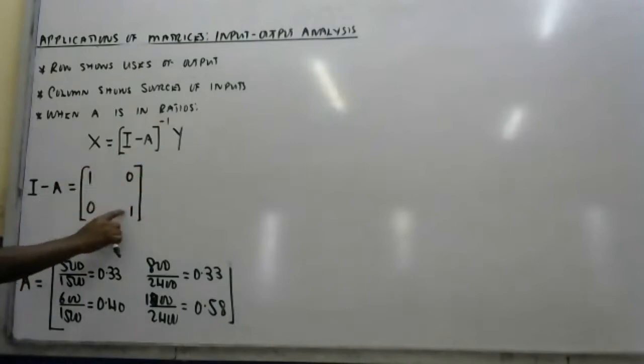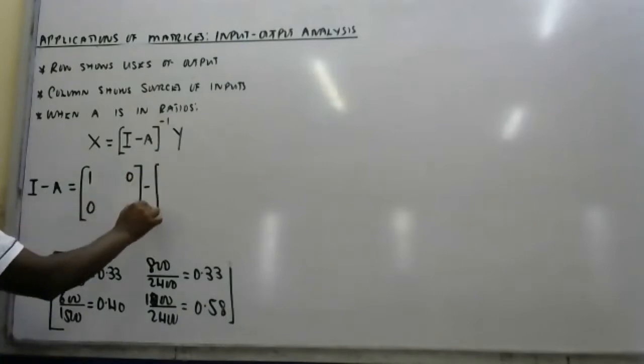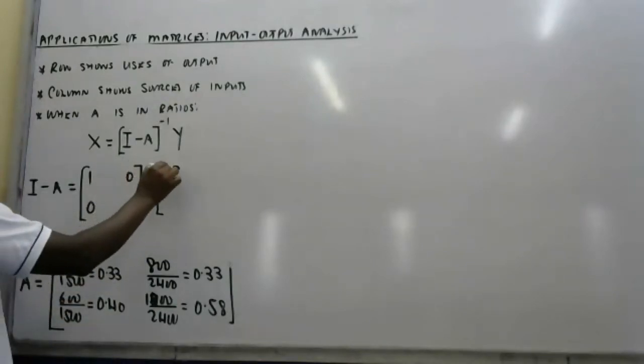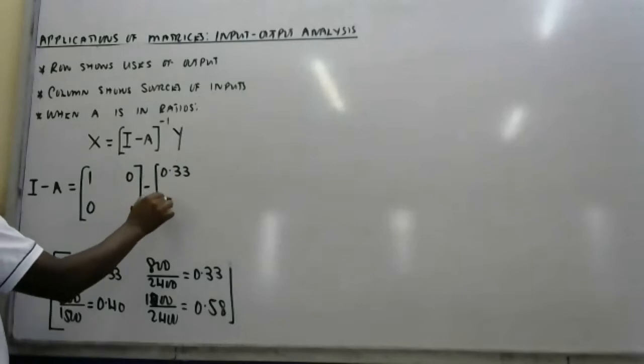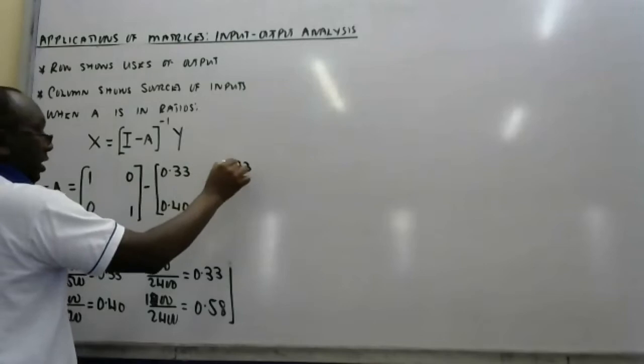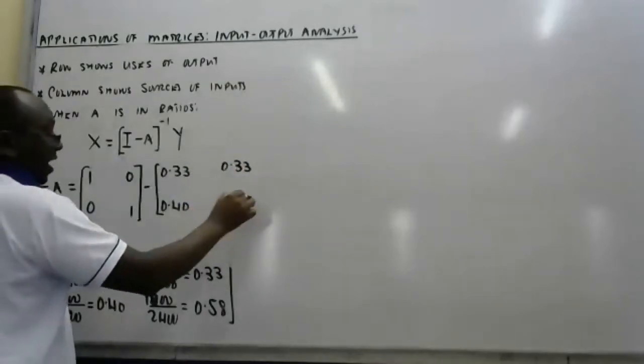You can see the major diagonal is 1, the others are zeros. Then you minus our matrix A, which is 0.33, 0.40, then 0.33 and 0.58.